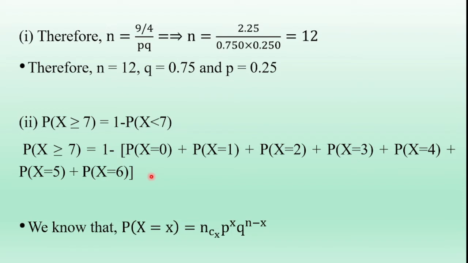We know that the binomial probability expression is P of x is equal to nCx into p power x into q power n minus x. Here n is equal to 12, p is equal to 0.25, q is equal to 0.75. Using this expression, find out the probabilities for x is equal to 0 to x is equal to 6.